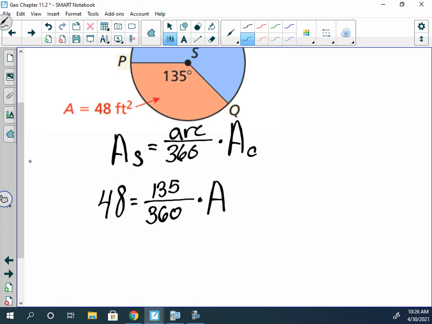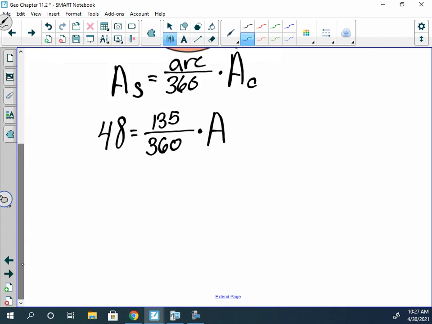Now I dropped the C off because since we know that the area of the circle is what we're looking for, we don't have to denote it. We can leave that denotation there if we want, but we don't have to, especially since we know that's what we're solving for.